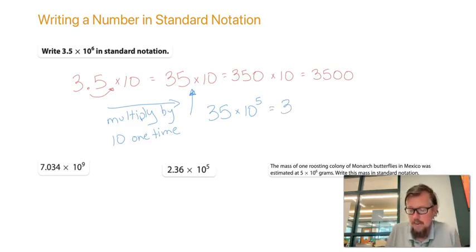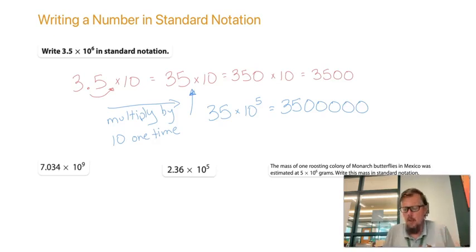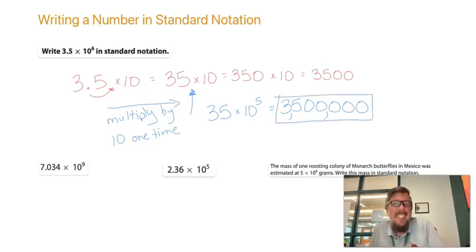So 35 with 1, 2, 3, 4, 5 zeros onto the end. And now I'll go back and put in commas so it's a little easier to read. And the number we come up with is 3,500,000. So I don't actually need to multiply by 10 separately 6 different times. I just multiply by 10 until I get to the end of the number, and then I add zeros for however many tens I have left.